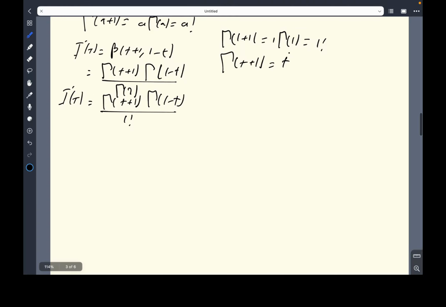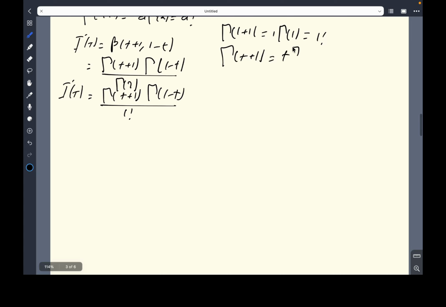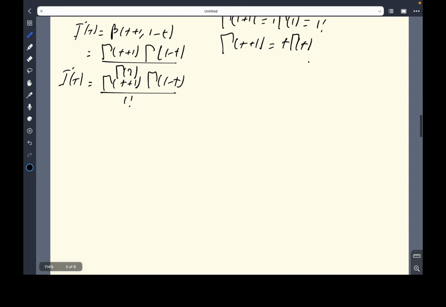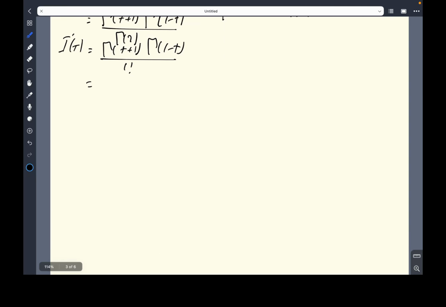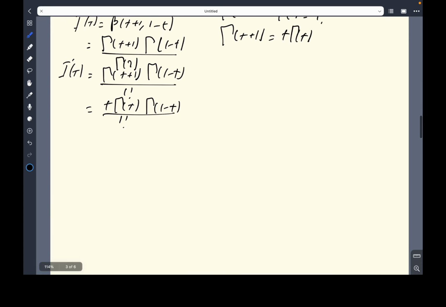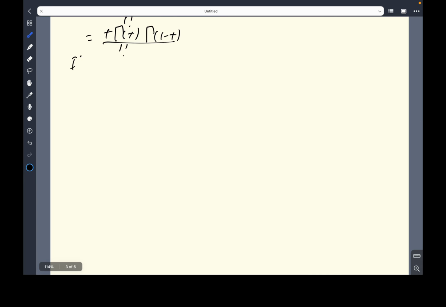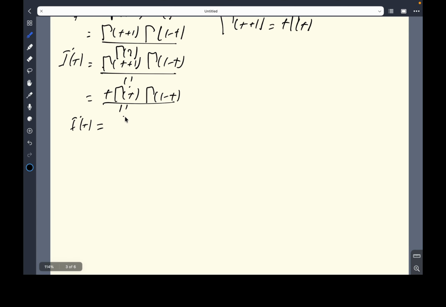so here is a little bit trickier. t gamma of t, yes, t gamma of t. So I can write it as t gamma of t, gamma of 1 minus t over 1 factorial here. Thus, my I prime of t here is, so can we proceed further?